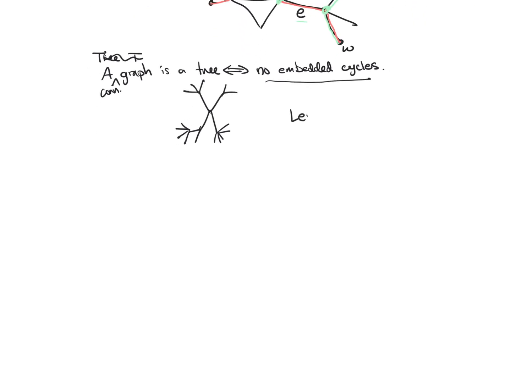A leaf of a tree, I guess the definition, is a degree 1 vertex. In this picture, maybe I'll draw them green to make a nice tree. All of these are leaves.